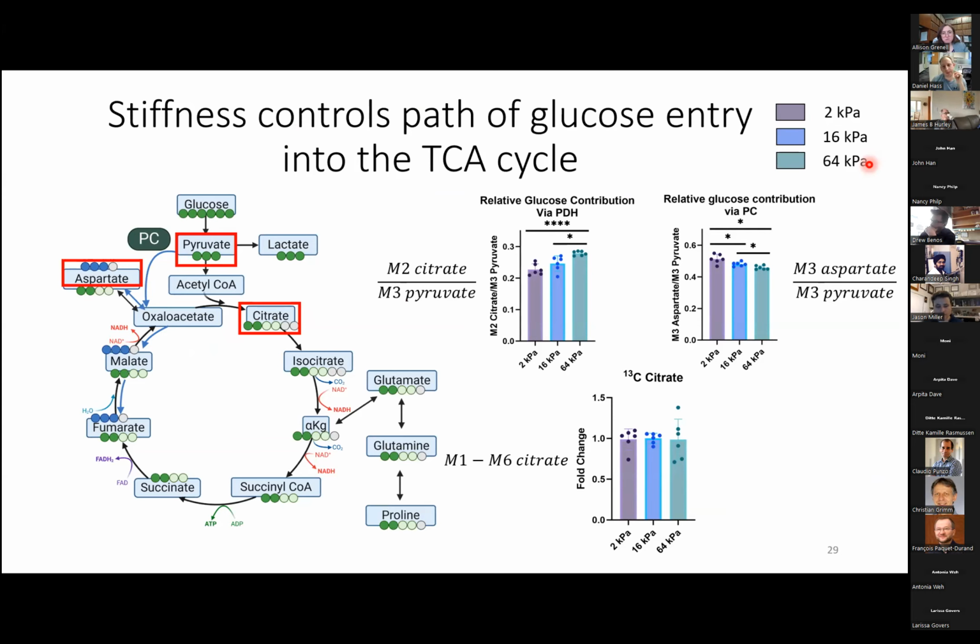I think you're saying maybe the M3 is so high that you cannot make further M3 of pyruvate and these compounds, or the pool sizes are already saturated to the level where you cannot exceed further. Yeah, if you're 100% labeled and metabolism goes faster, you can't see it.